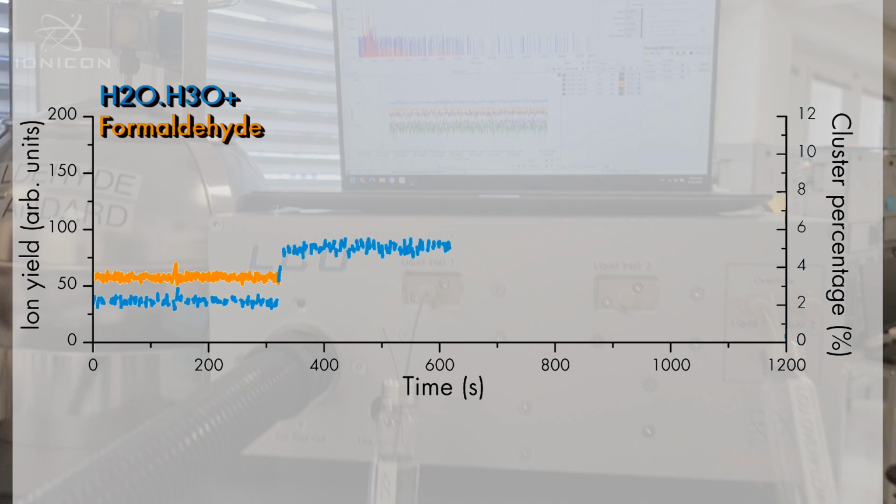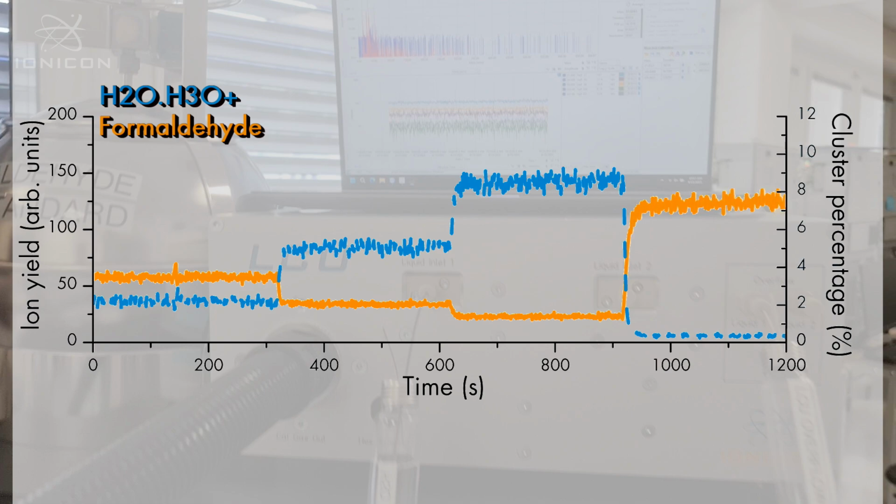At the same time, the formaldehyde signal goes down. Increasing humidity even further leads to further decrease in the formaldehyde signal. Finally, we turn off the humidity supply, the cluster signal falls, and the formaldehyde signal increases significantly. This step-by-step change confirms what theory predicts: the measured ion yield of formaldehyde is strongly dependent on ambient humidity.